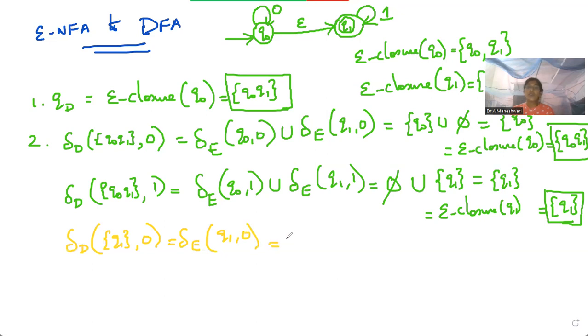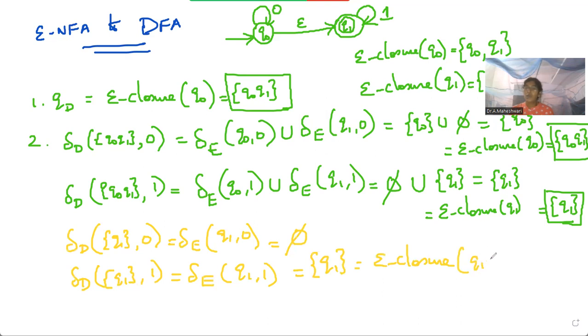The answer is a null value. One more input symbol to calculate: Q1 comma 1 is equal to transition Epsilon NFA of Q1 comma 1, which is Q1 only. After this, apply E closure of Q1. E closure of Q1 is equal to Q1. That's it.